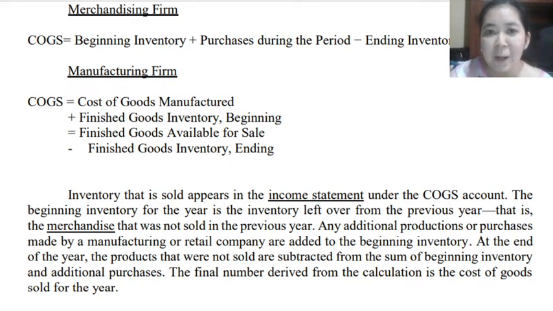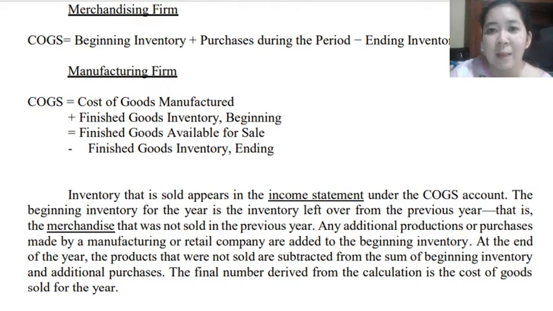So in this illustration, this is just the shortcut of it. For a manufacturing firm, our cost of goods sold is equal to cost of goods manufactured. Cost of goods manufactured is the sum of your direct labor, direct materials, and factory overhead. Aside from that, it also includes the items which were already started but not yet finished, our work in process inventory. This is your cost of goods manufactured.